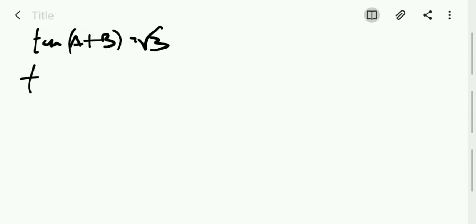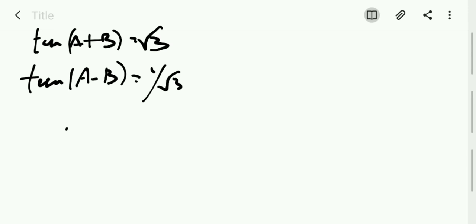If tan(a plus b) is equal to root 3 and tan(a minus b) is 1 by root 3, find a plus b, guys.